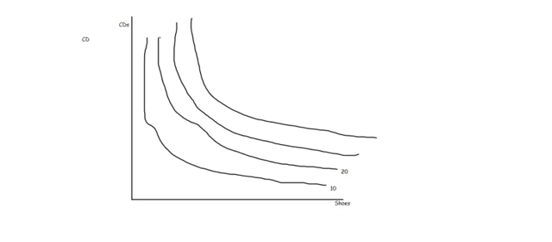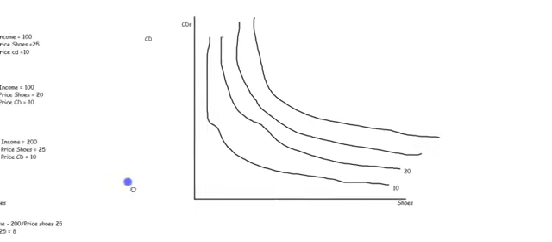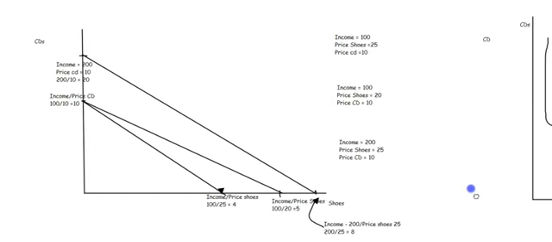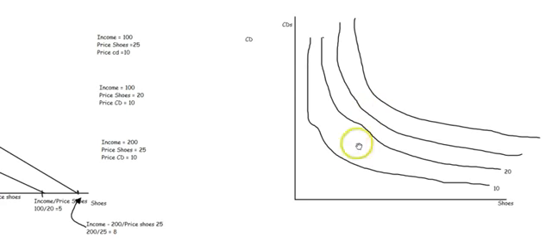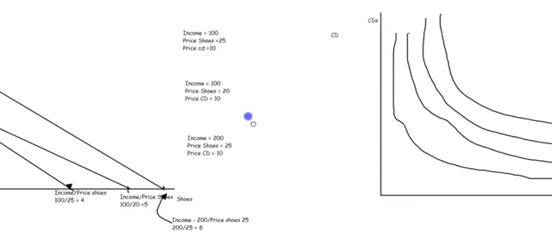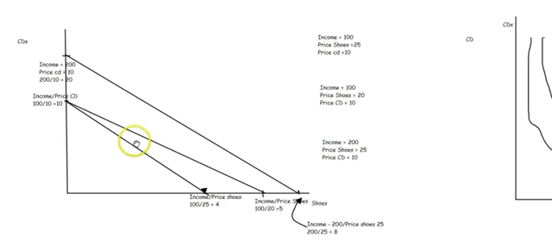So what we need to do to bring the fantasy world represented by our indifference curves and the reality represented by our budget constraints together is take these indifference curves, pick them up, and drop them on top of my budget constraints.